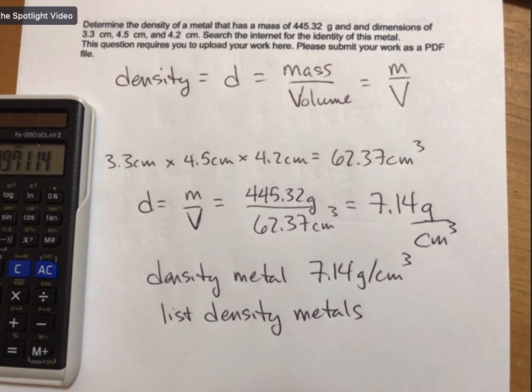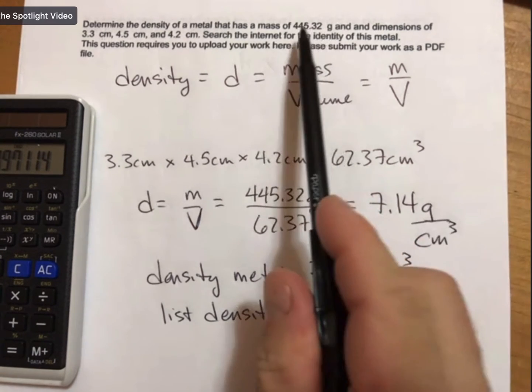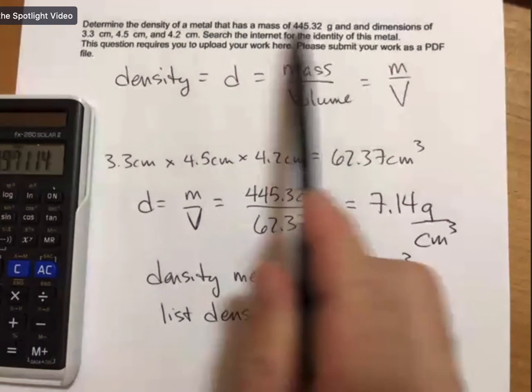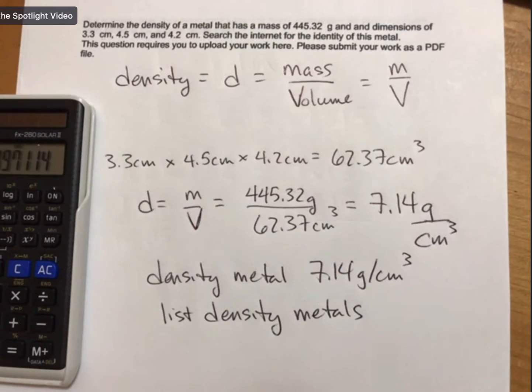So for the file upload problems, I would like to see the question, and that's because everybody has a different question. They're all related, definitely. If somebody else did this problem, they would have different numbers for the mass and the sizes, but they'd have the same type of problem generally.